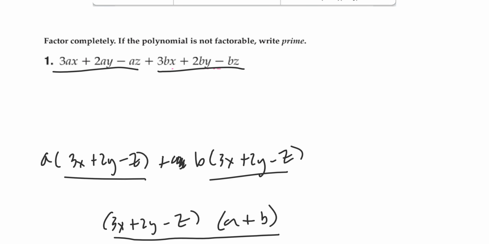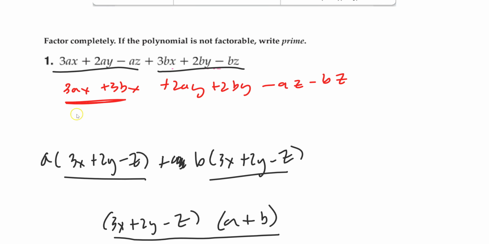There's another way you can do it too. If you rearrange it, you could pair them up. Let's do it like this, so you can see it. Put everything with the 3 together, everything with the 2 together, and everything with the negative 1 together. In this case, you could factor out a 3x, and you get a plus b.